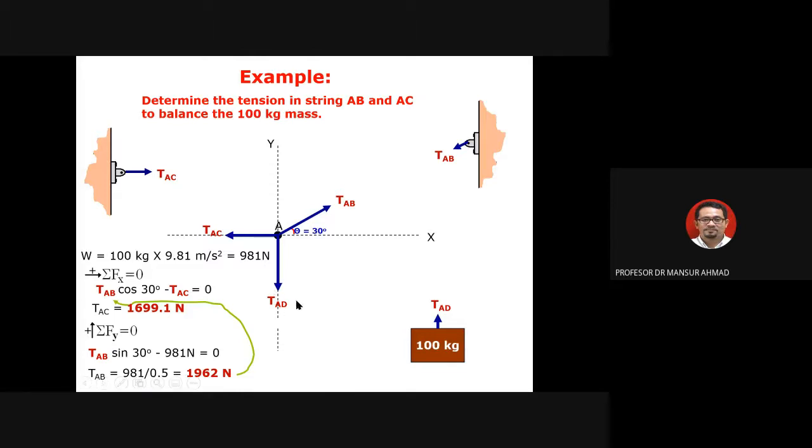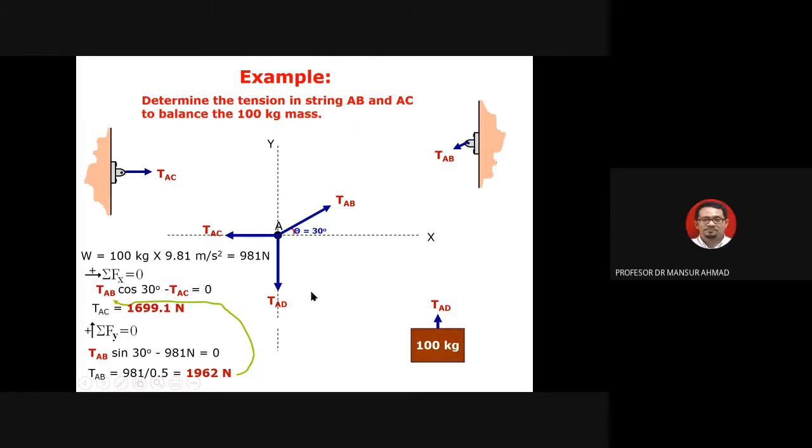But from the diagram you can directly see the answer. The tension in string AD is equal to what? Anybody? My question is, the others we have already calculated, right? This one I don't need to calculate because you can see it from here. So what is the tension in string AD?